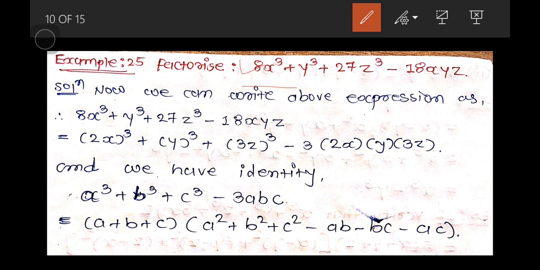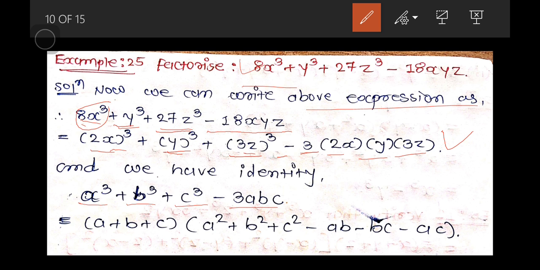First we have to write this expression in the proper form. Now we can write the above expression as 8x cube plus y cube plus 27z cube minus 18xyz. Here 8x cube is 2x whole cube, y cube we can write as y cube, 27z cube we can write as 3z cube, minus 3 multiplied by x, y and z, that is 2x into y into 3z. So this expression is similar to the identity we know, a cube plus b cube plus c cube minus 3abc.